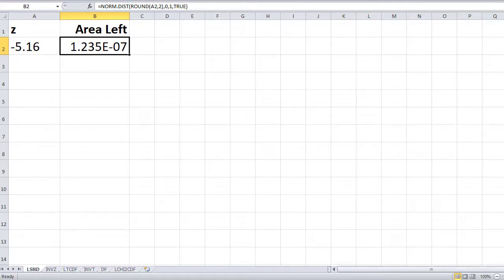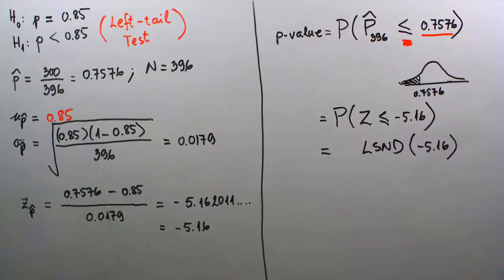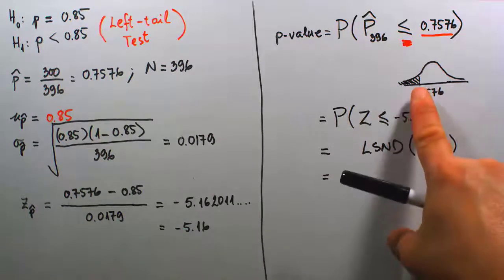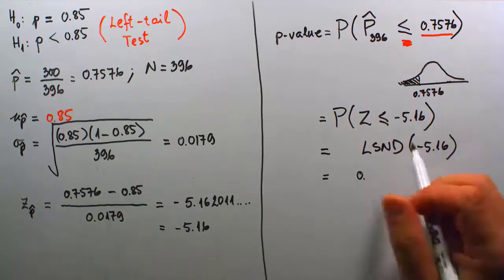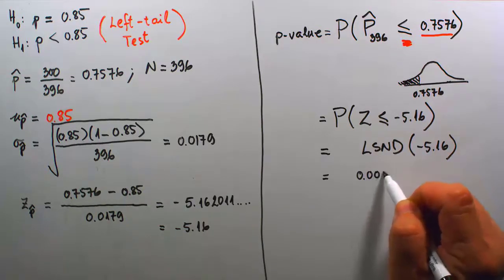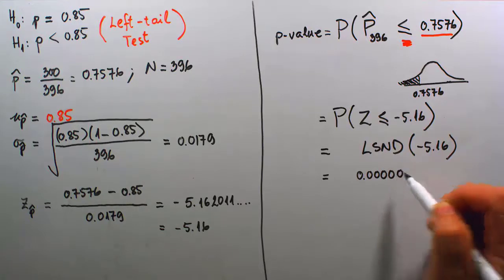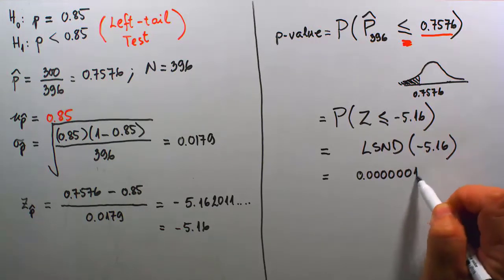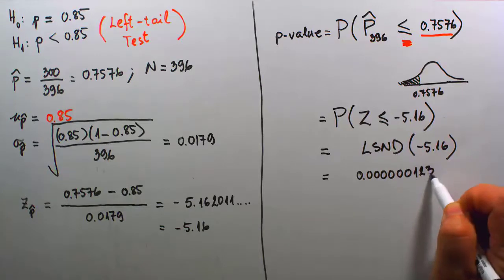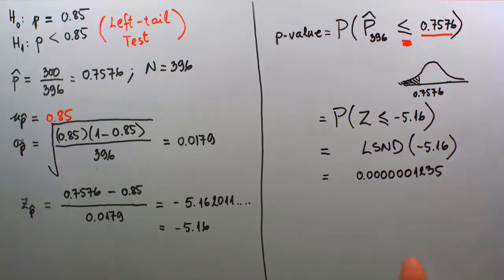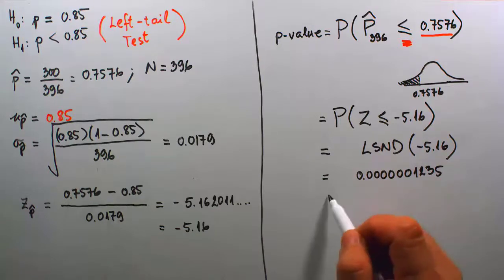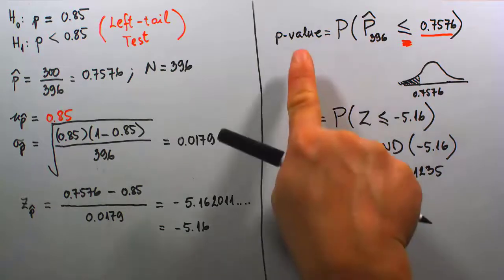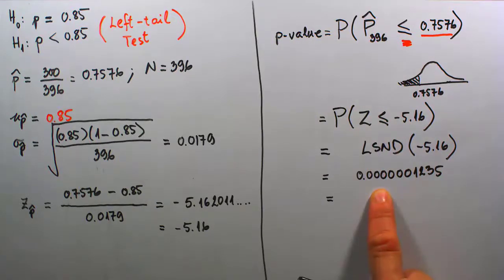That value means our left tail area here in real decimal is 0.0000001235, which, as I said, unless specified otherwise, usually for any of these p-values I would round to 4 decimal places.